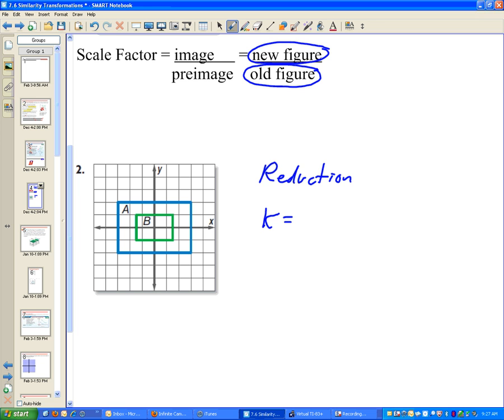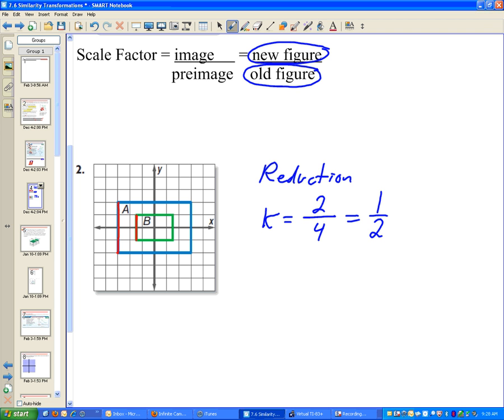So find the length, and again, let's make it easier on ourselves. So if I count right here, what's the length of that side right there? 2. And then what's the length of this side right here that corresponds to it? So the scale factor is 1 to 2. So far, so good?